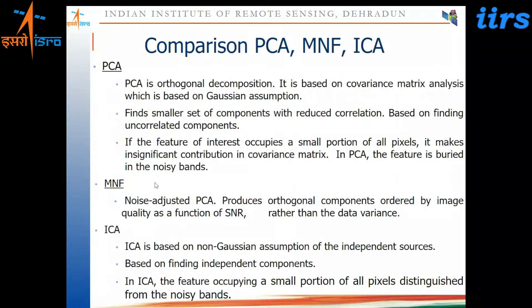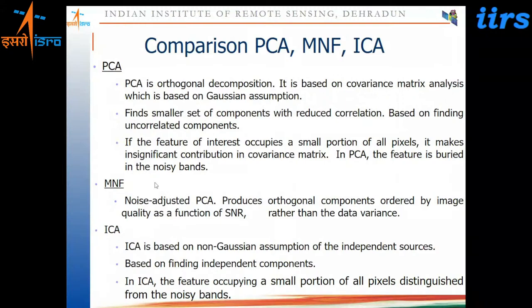Now, when we compare this with ICA, ICA is based on the non-Gaussian assumption of independent sources and on finding independent components. In ICA, a feature occupying a small portion of the pixels will be distinguishable from the noisy bands, whereas in PCA, features that make a very insignificant contribution will be buried in the noisy bands.